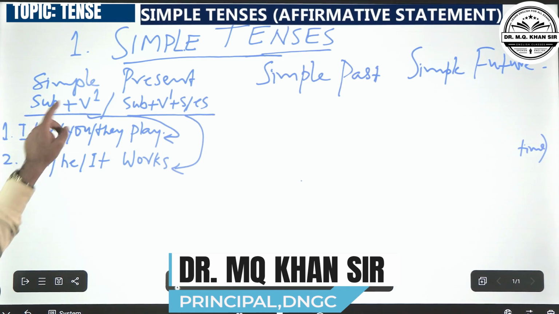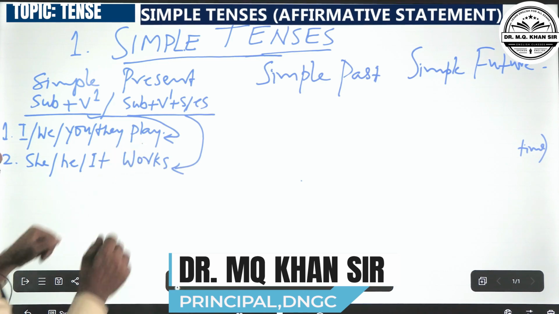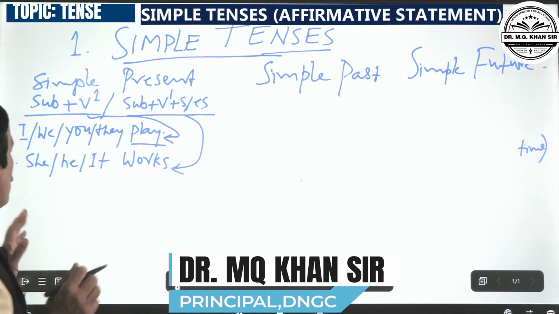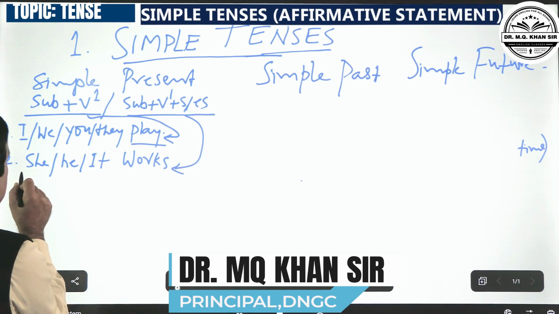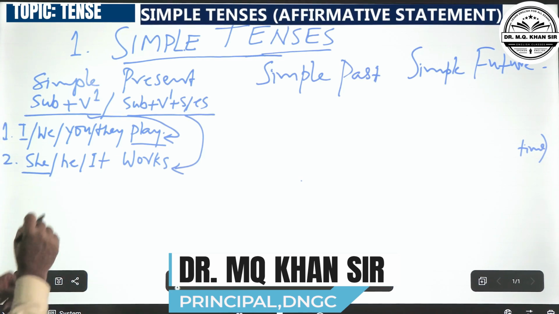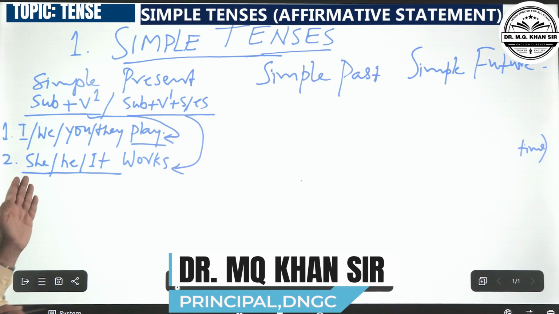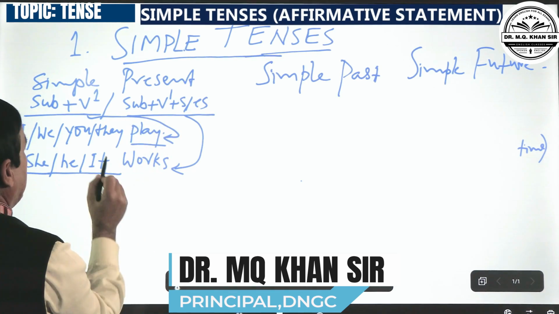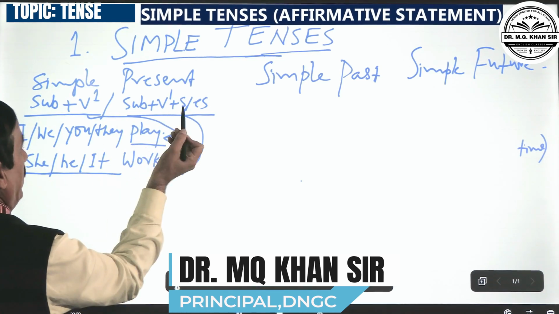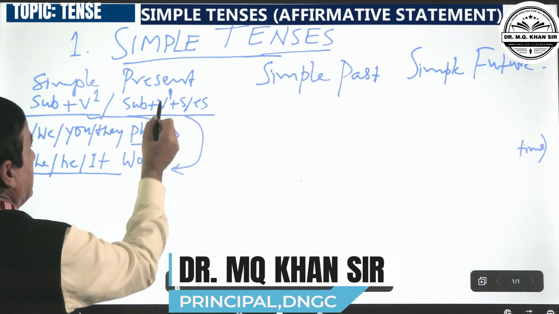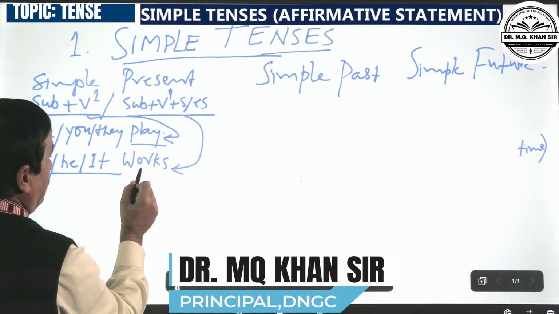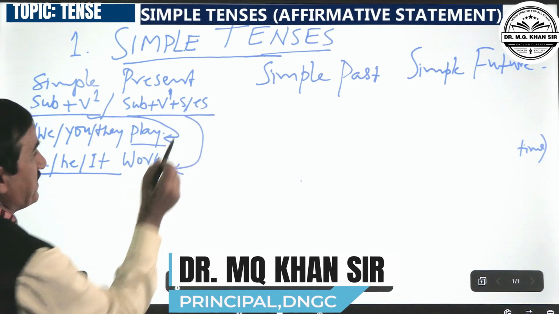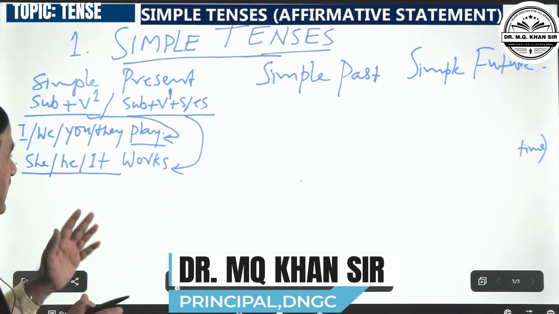Subject plus V1, that is the plain form of verb. But when the subject is third person singular number, as in example 2, he, she, it, then this formula has to be followed: subject, that is she, he or it, plus V1, that is the first form of verb, plus S or ES depending on the nature of verb.